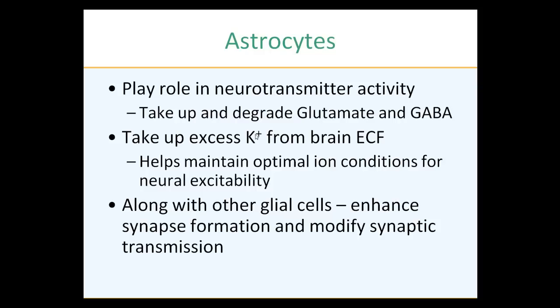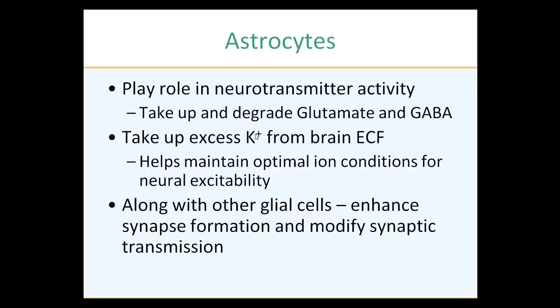And so one of the functions of the astrocytes is to maintain a very low level of potassium in the extracellular space. So essentially it is to make the conditions perfect for the neurons to work.